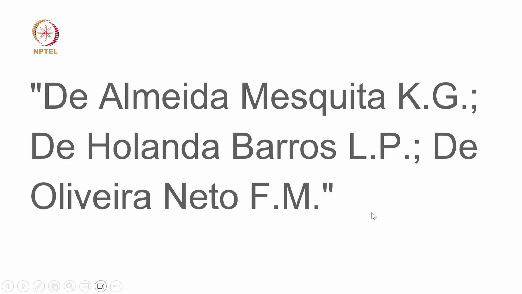If you see these author names, can you identify some patterns? This is one author name, then this is another author name, and this is another author name. One pattern I can see is that all these author names are separated by semicolon.